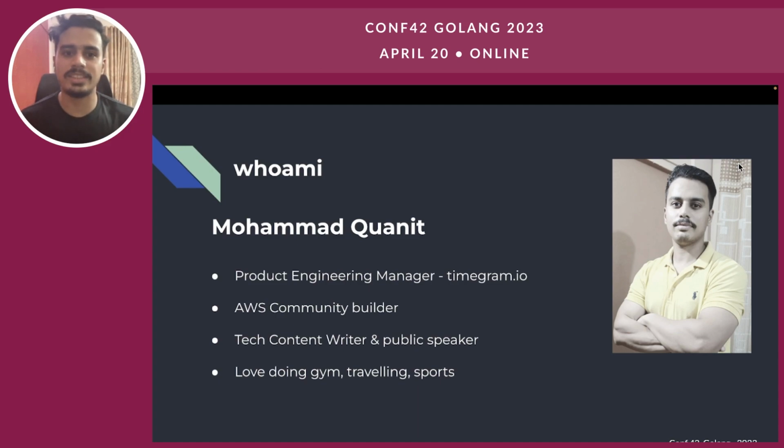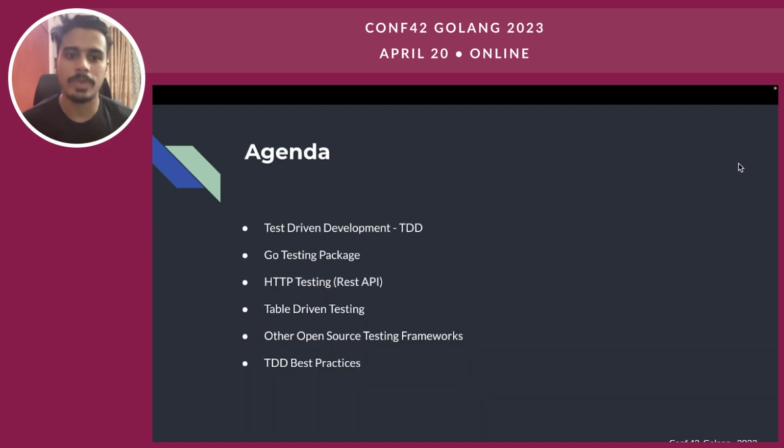Okay, so let's see our agenda for today's talk. First, we will be looking at test-driven development, what actually test-driven development is, what we should do, how we should care about it, and what is basically the motivation for it. And then we will look at some ways to write tests in Golang. There are some approaches that I've already mentioned in this list. Go testing package.